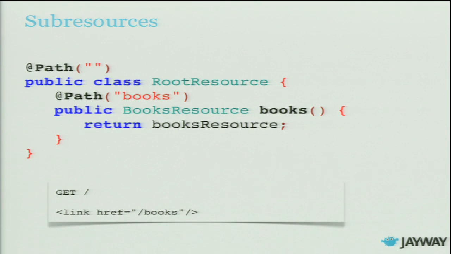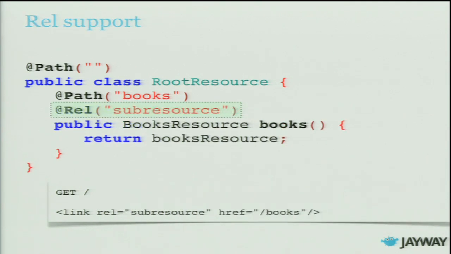So what about rel support? Well, adding an annotation where you can specify the relationship isn't a hard idea to come up with. The question is, of course, what is the relationship to what? And the way we see this is that you have the root resource here, and the path is just / for this one, and the relationship is for that URI.